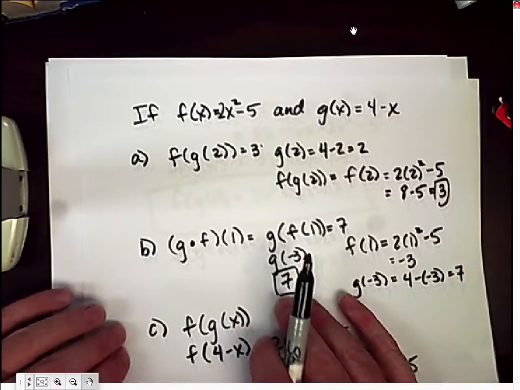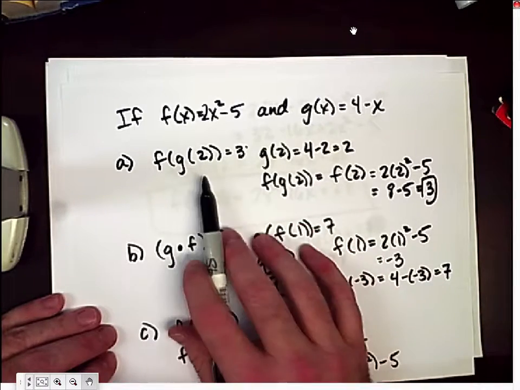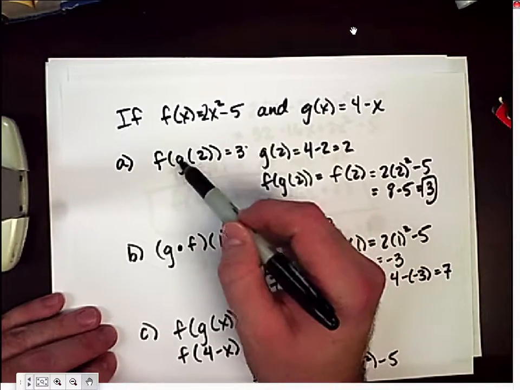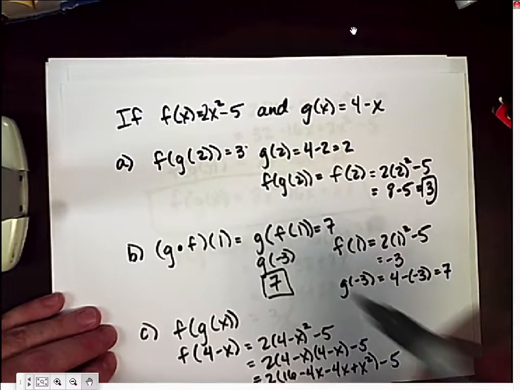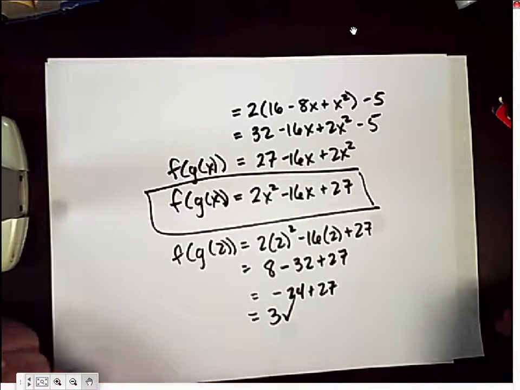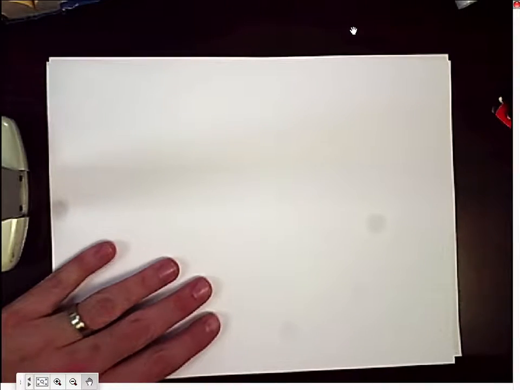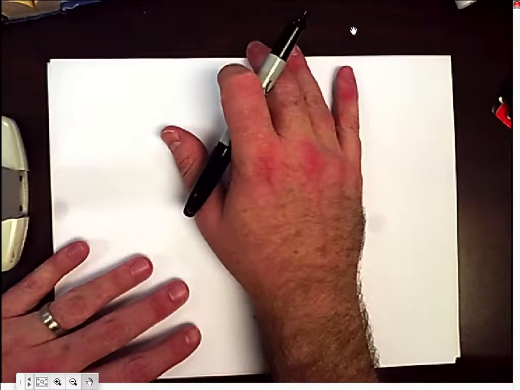So we could have used that rule here and see if we got 3. Because what we did here is we plugged 2 into g and then plugged that output into f. This says you could use this formula instead of having to do 2 separate outputs. Okay? All right, so what if I gave you this?